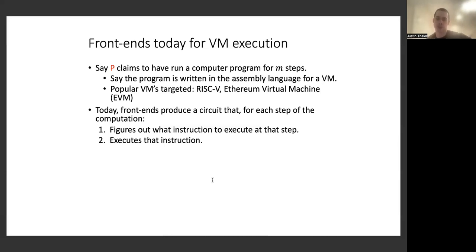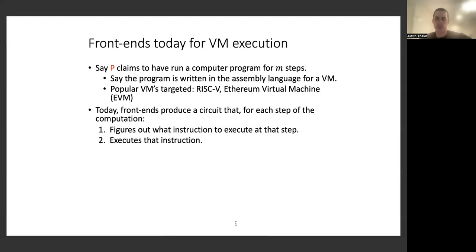So for zkVM, the program should be expressed in the assembly language of a virtual machine. Popular virtual machines today for zkVMs, there's the Cairo virtual machine, there's RISC-V, there's the Ethereum virtual machine, and there are others as well, Miden and so forth.